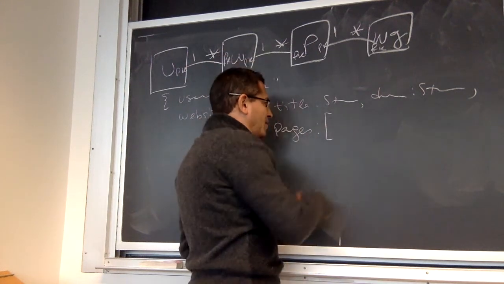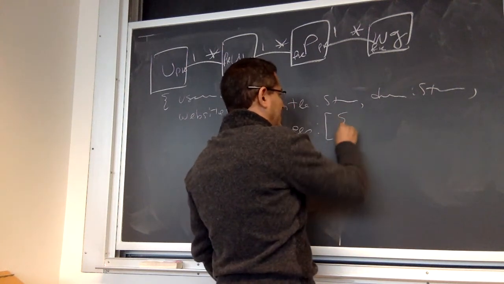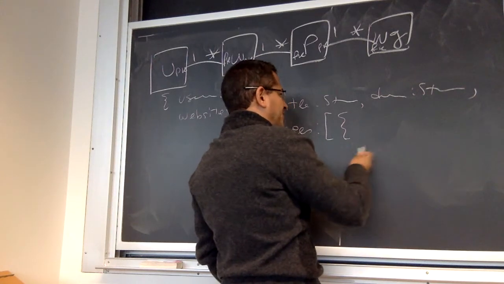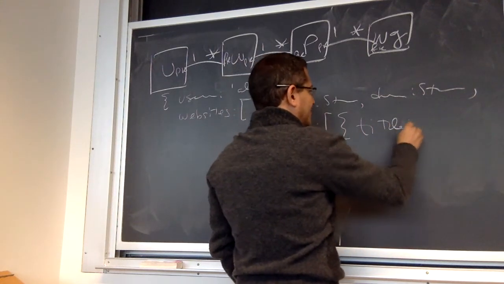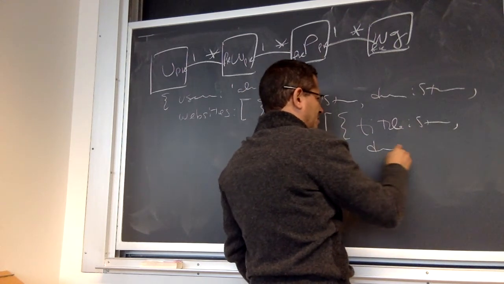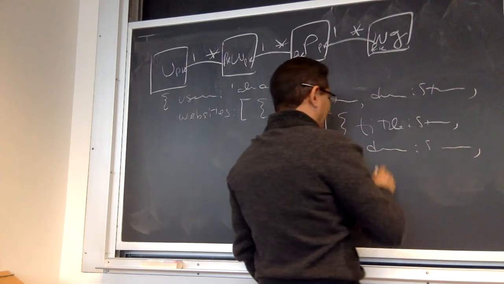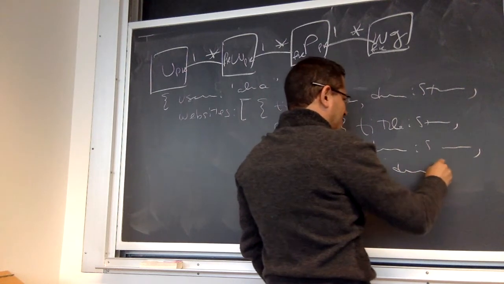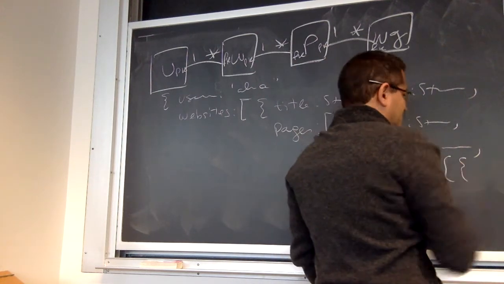And in here you can go and put another schema. Pages are made up of what? Again, other fields: title, string, I think also description, string, and then widgets is another array of objects, right?